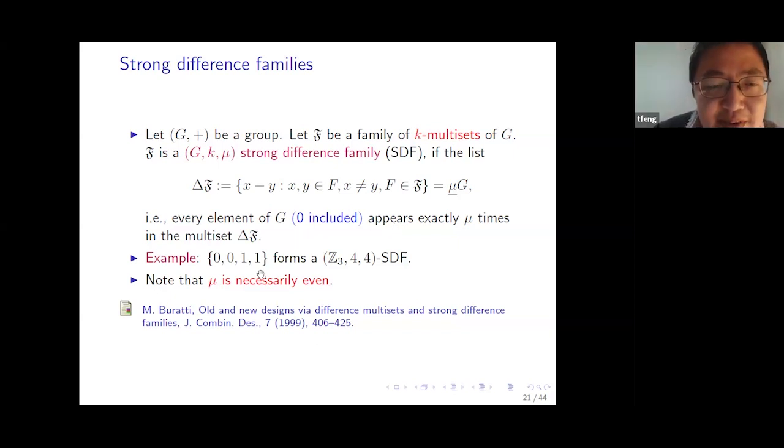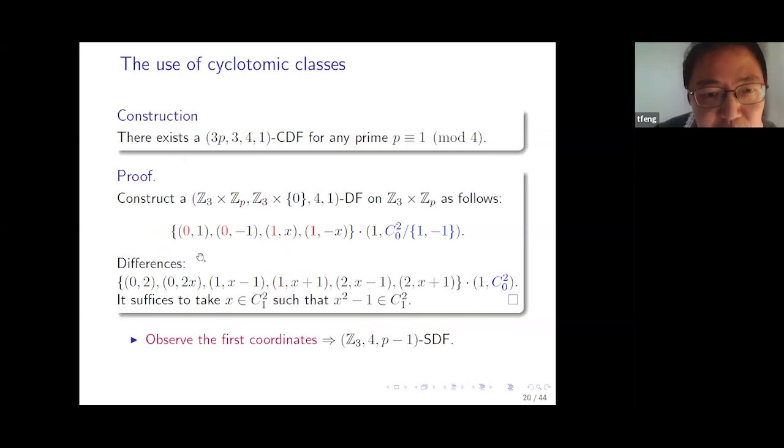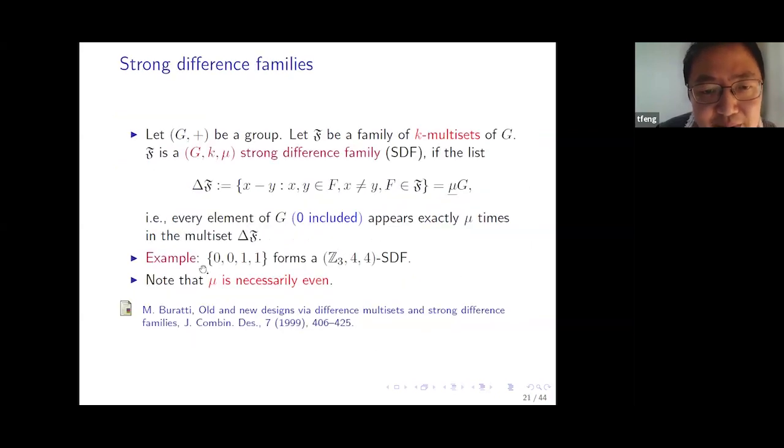Take our example in the last slide, 0, 0, 1, 1. These 4 elements form a base block. We can check all of the differences contributed by the pairs. 0, 0 contributes 0 as a difference twice, the left 0 minus the right 0, and the right 0 minus the left 0.